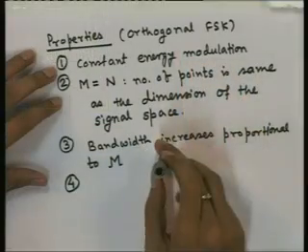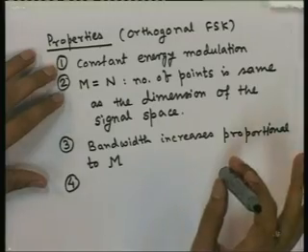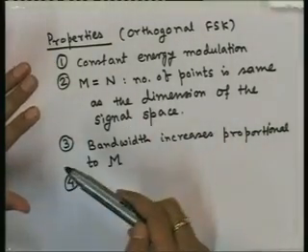Bandwidth was the same, but we were increasing the average energy of the signal set by putting more and more points far from the origin, or if you wanted to keep the average energy the same, we had to put more and more points near to each other, so that the probability of error was sacrificed. So here, to increase the number of points, we are increasing the bandwidth. So this is another way.